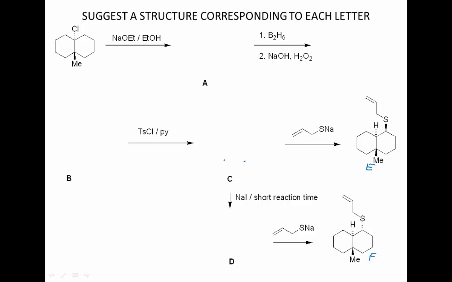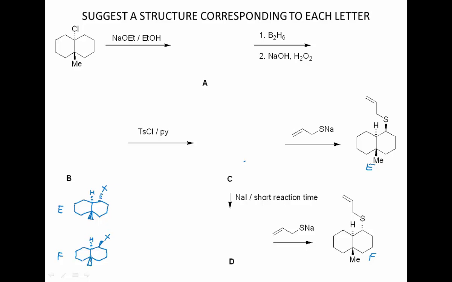And so that means that E is going to come from something like that, and F has to come from something like this, okay?